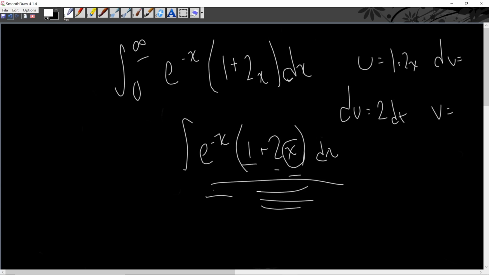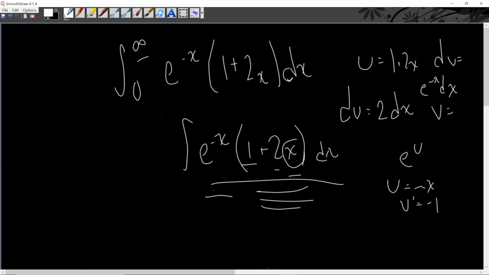That was quite possibly one of the weirdest x's I've ever written. 2dx. And this is going to be a lot easier to do with the v du, or the second part of our integration by parts formula. So now that only leaves us with dv equal to e to the negative x dx. So let's let u equal negative x, so u prime is equal to negative 1.